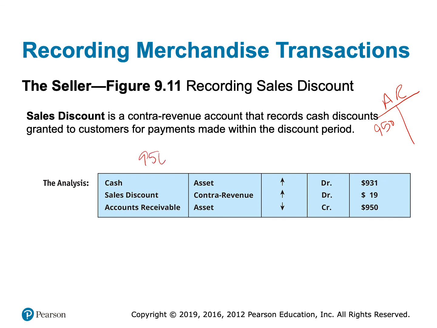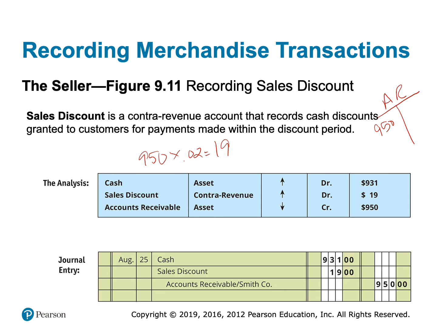So 950 times 2% equals 19. So they're going to get a $19 discount. So they're going to write me a check for $931, but I'm going to credit their account for the full $950. That means that $19 discount is going to that contra revenue account, sales discounts.